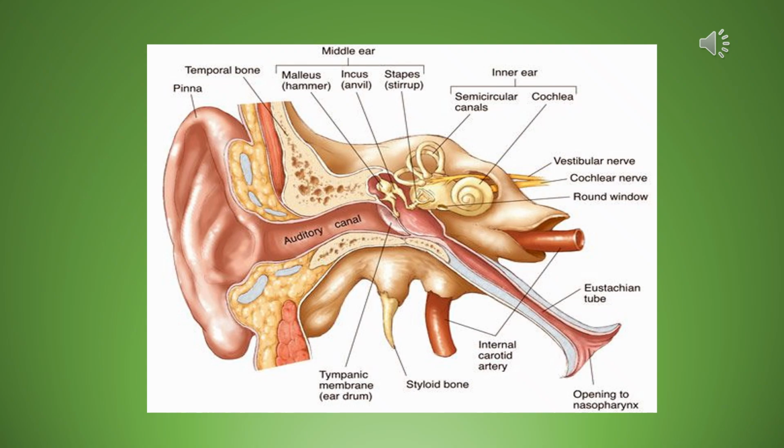All right, one other thing before we leave this particular diagram. Notice that the middle ear is attached to the nasopharynx. Well, that is to equalize pressure on either side of the eardrum. So if you go up on a mountaintop or if you go up in an airplane, the air pressure is lower. That would make the eardrum bulge out and it would hurt.